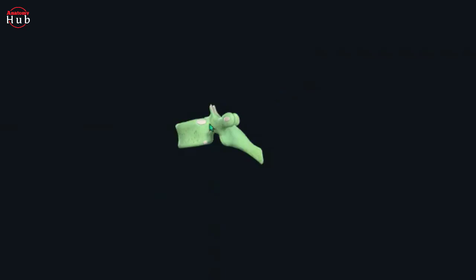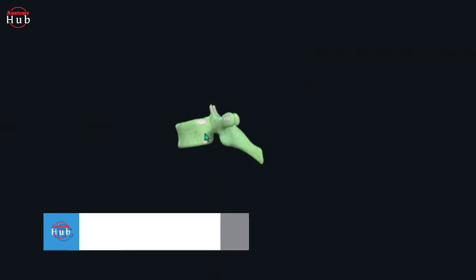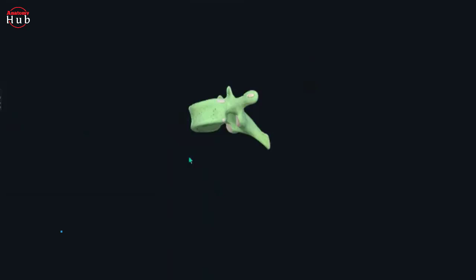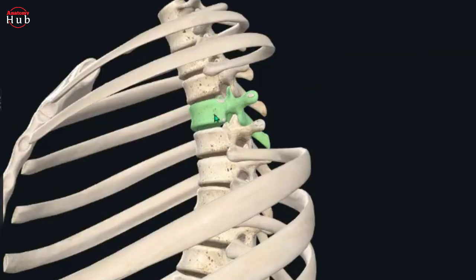From T2 to T9 are the typical vertebrae. Typical means they have the common characteristic features. But T1, T10, T11 and T12 are atypical vertebrae. Atypical vertebrae means they don't have the same features that the typical vertebrae have.